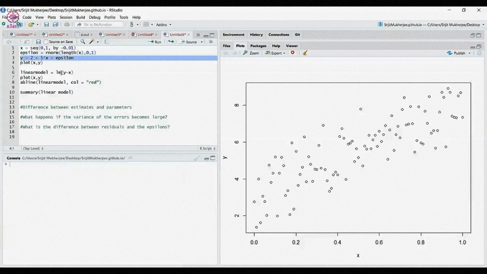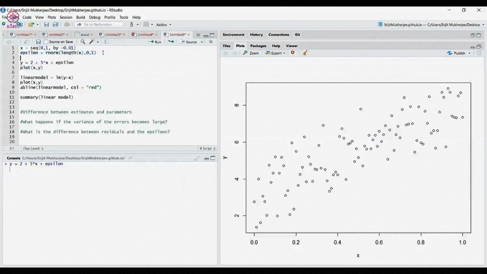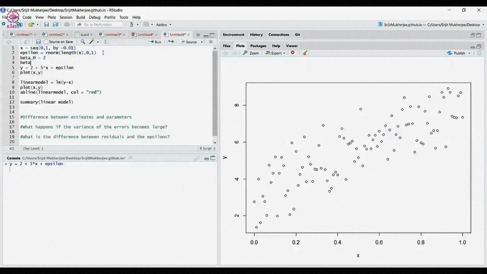Now let's define y. y is defined as this. Observe that beta naught is equal to 2 and beta 1 is equal to 5. Let's write it in that manner: beta naught plus beta 1 times x.